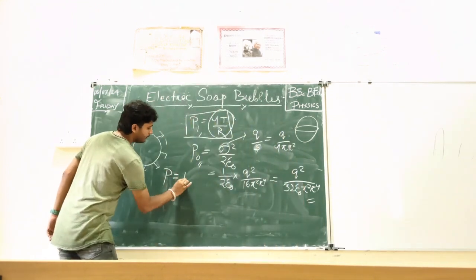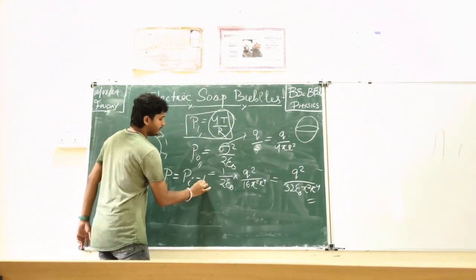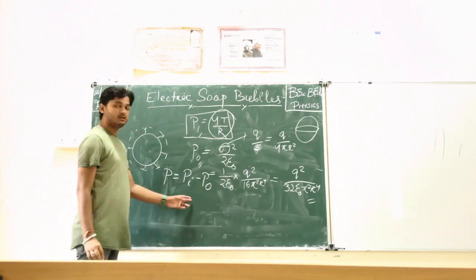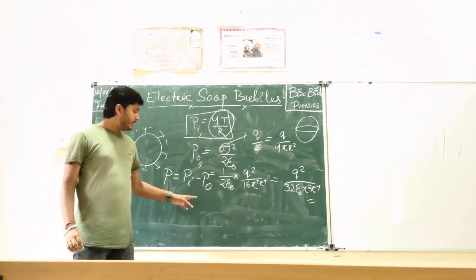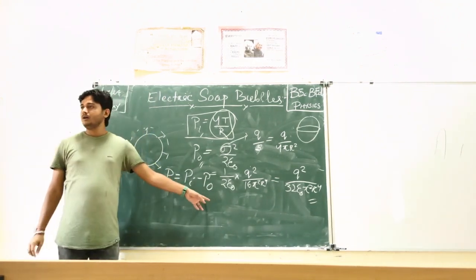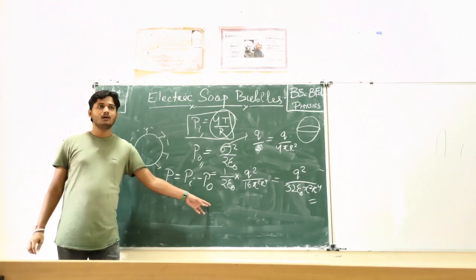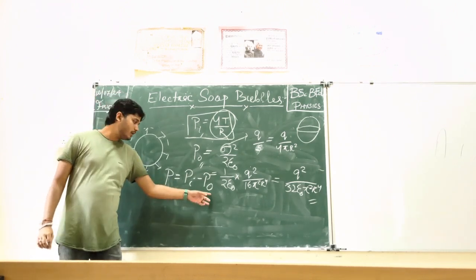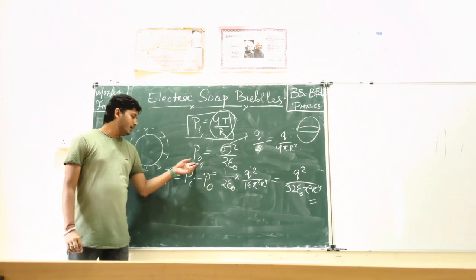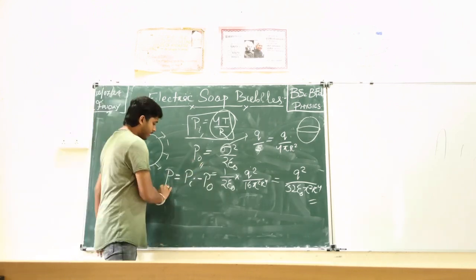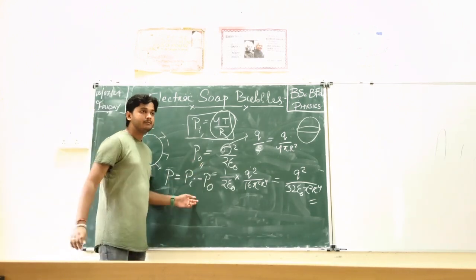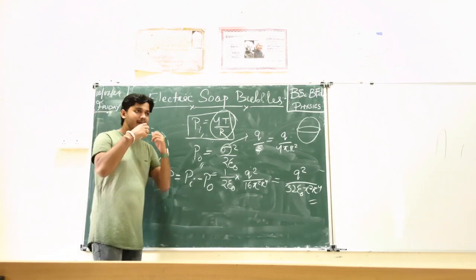P equals P inward minus P outward. Why P inward and P outward? Because the inward pressure is high.